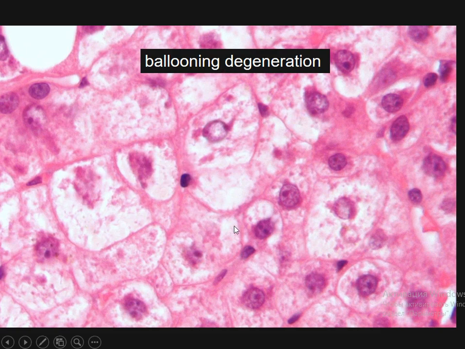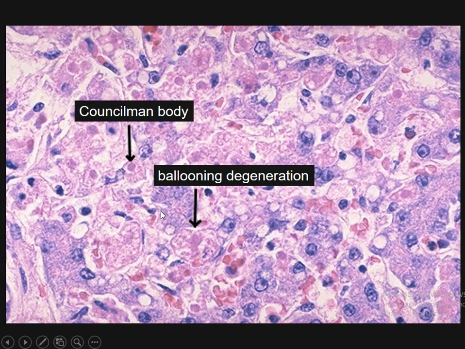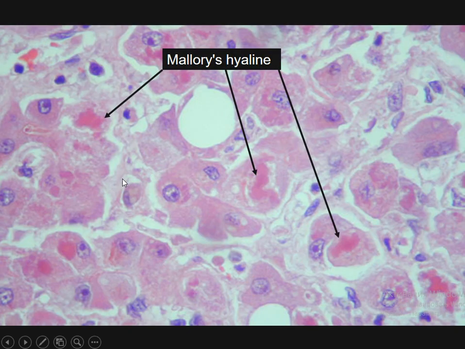So here in this slide you can see morphology of hepatocytes with ballooning degeneration. You can see that the cells are enlarged and really they look like balloons. Here we see ballooning degeneration of cells. We see some features related with fatty dystrophy, and we see the result of apoptosis of hepatocytes, and formation of a Councilman body.